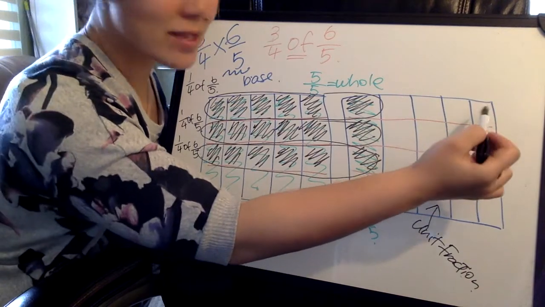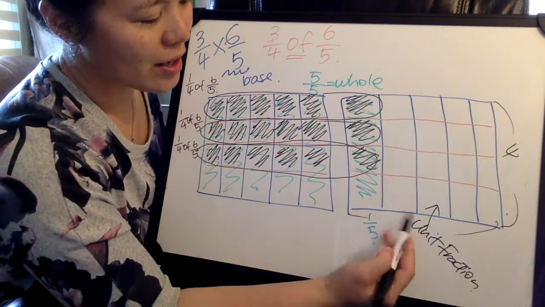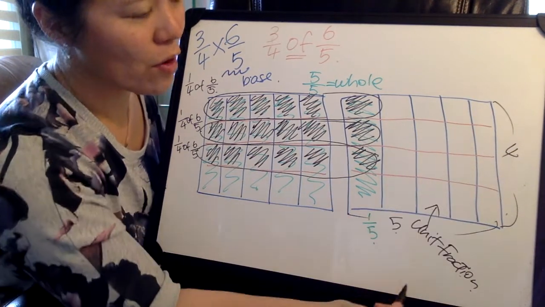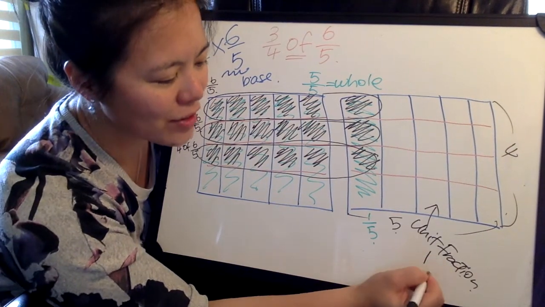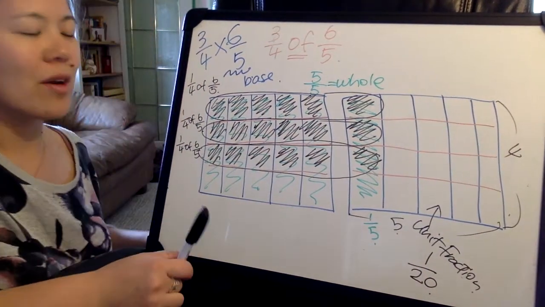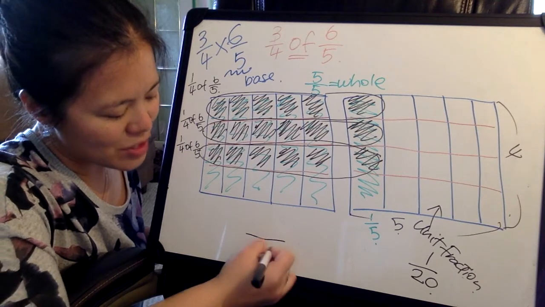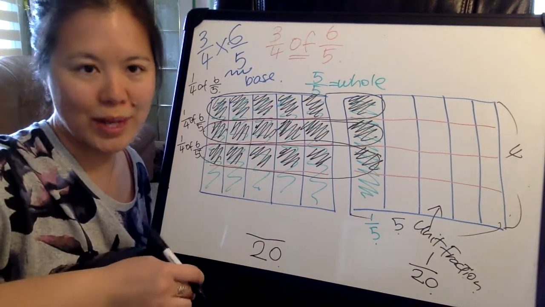I divided this side into 4 equal parts, and this side into 5, so 4 times 5, the unit fraction is 1/20th. So I know that my denominator is going to be 20.